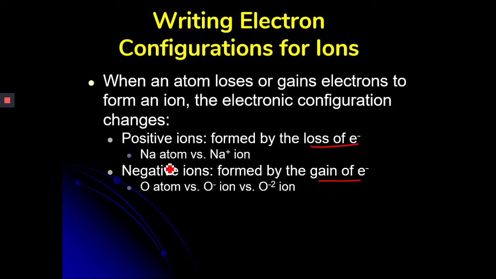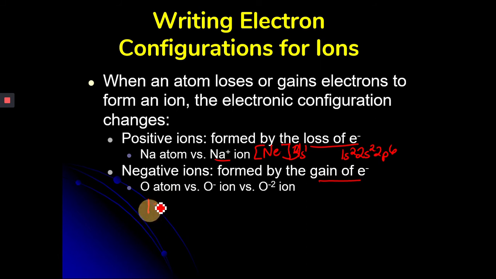So for example, sodium would, let's do the noble gas configuration here, be neon 3s1. The sodium plus is going to lose that 3s1, and so its electron configuration would be 1s2, 2s2, 2p6. So it loses that outer electron.